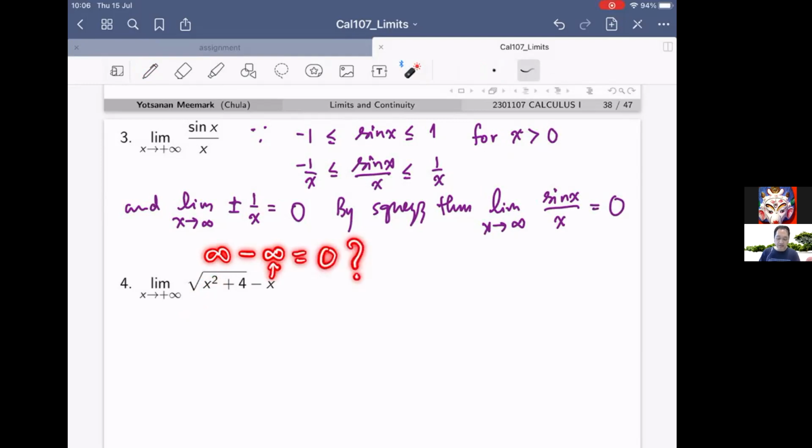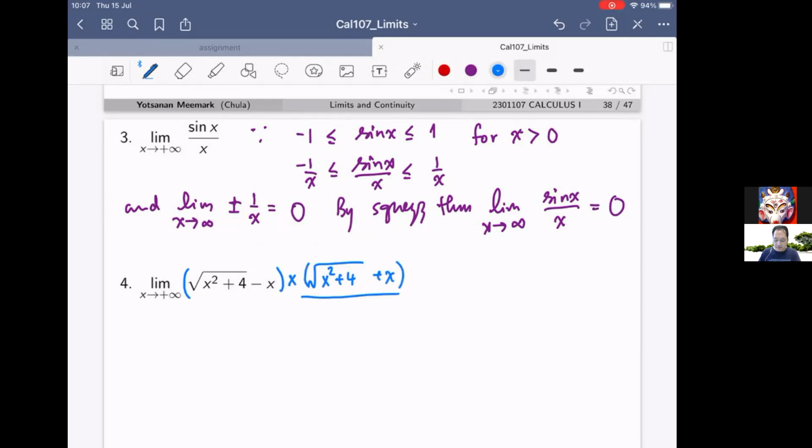Because this one is large, this is also large, but we don't really know how to compare that large amount. So it maybe goes somewhere else. So we really need to check. One of the techniques is that we multiply this one, because you have a square root, right? You think of the conjugate, okay?